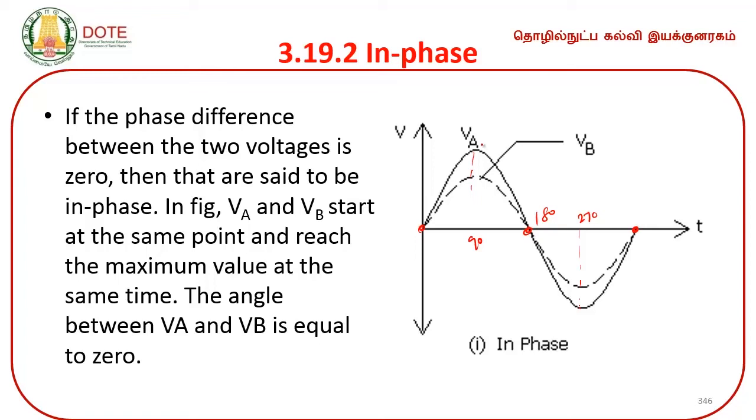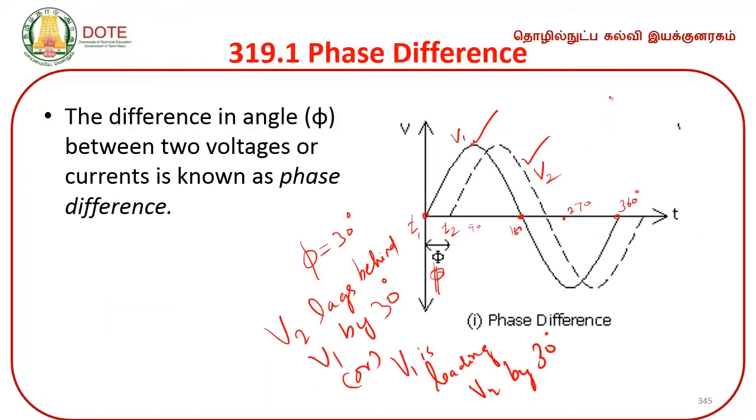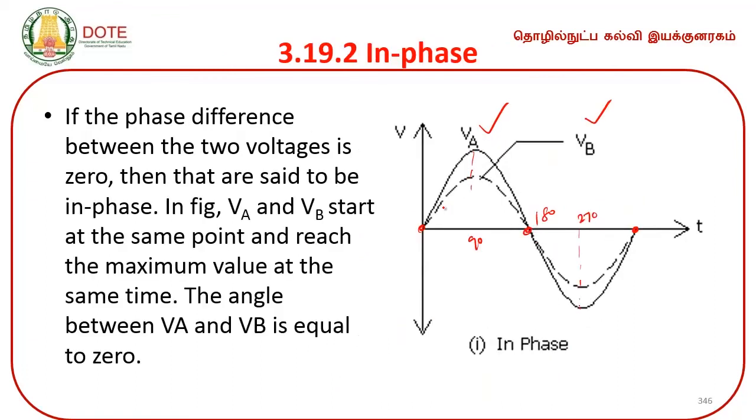So, these two voltages V A and V B are said to be in phase, there is no phase difference between V A and V B, unlike the previous one. Once again, you can see there is a phase angle difference of phi between V1 and V2, though they are exactly equal in magnitude, whereas here their magnitudes are not equal. The peak value of V B is much lesser when compared to the peak value of V A, whereas the phase remains same.